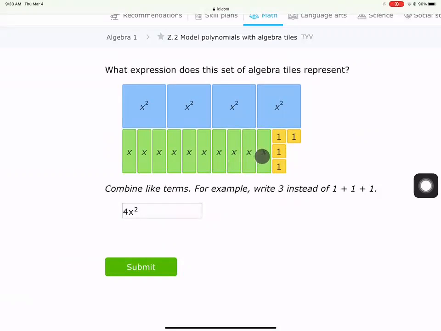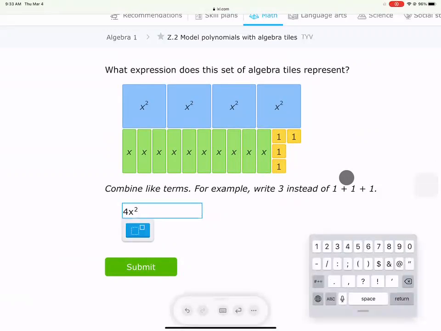We have 10 x's. Plus symbol, 10x. This is so much faster if you just do this on a computer. And how many singles do we have? I see 1, 2, 3, 4. And all the skill is to allow you to see, hey, x squares and x's are different.